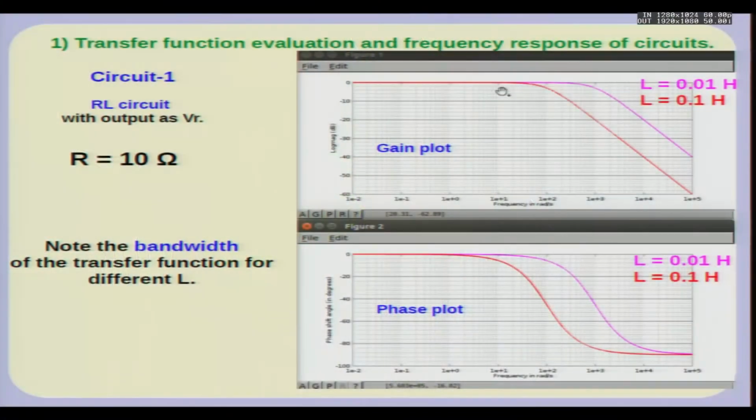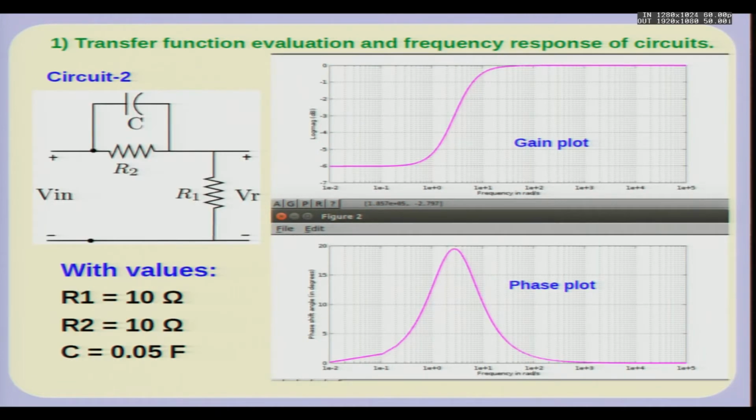So, we are back to the plot here. This is essentially what we get when we try to get a transfer function between a certain input and an output. Next, we look at a transfer function which is different. Remember, we will take the transfer function between the output voltage and the input voltage.